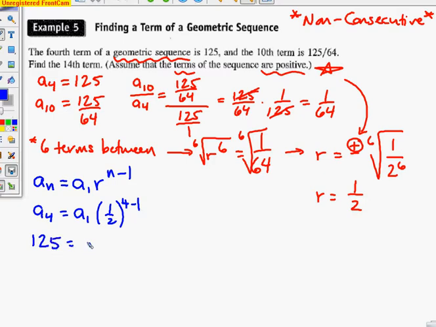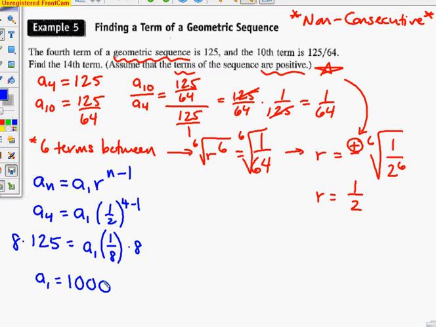So 125 is a sub 1 times 1/2 to the 3rd. And 1/2 to the 3rd means 1 to the 3rd, which is 1, and 2 to the 3rd, which is 8. That's 1/8. And now to find a sub 1, just times both sides by 8. And 8 times 125 is 1,000.